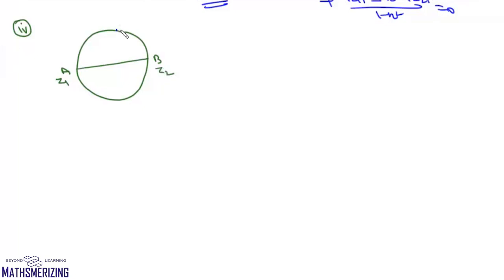Then for any point P on this circle, we know that the angle in a semicircle is 90 degrees. So this triangle APB will be a right angle triangle, and if this P is given by Z, then we can write AP square plus BP square, and it must be equal to AB square.